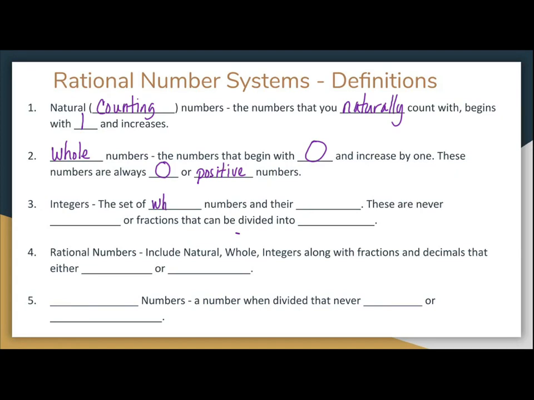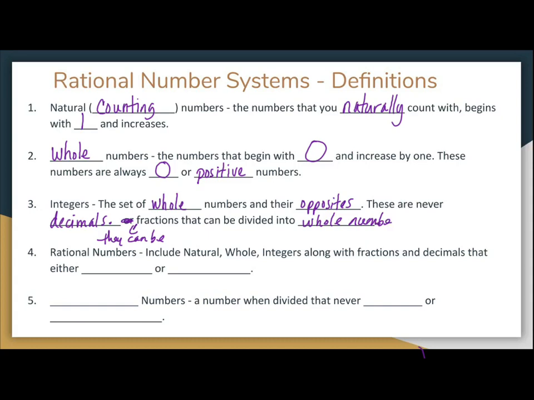Integers include the set of whole numbers and their opposites. These are never decimals, I'm going to take that back. They are never decimals, but they can be fractions that can be divided into whole numbers.